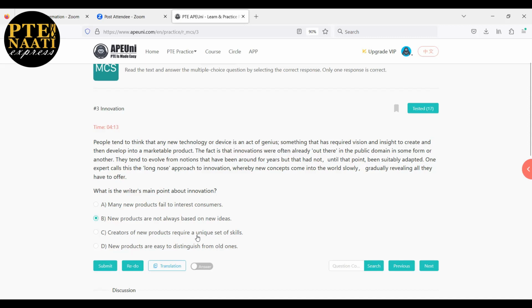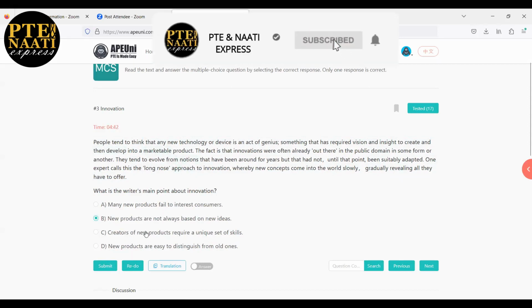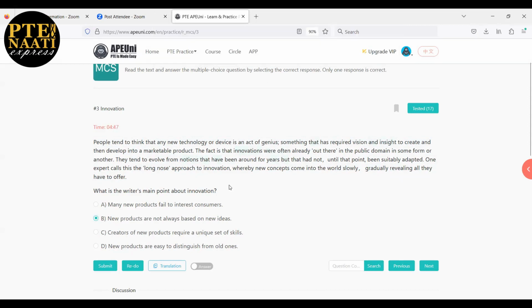Creators of new products require a unique set of skills. Yes, unique sets of skills, was that mentioned anywhere? One expert calls innovation where new concepts come into the world slowly, gradually revealing all they have to offer. People tend to think technology is an act of genius. So creators of new products require a unique set of skills, mostly not there.